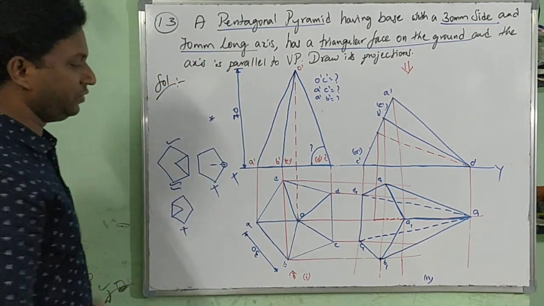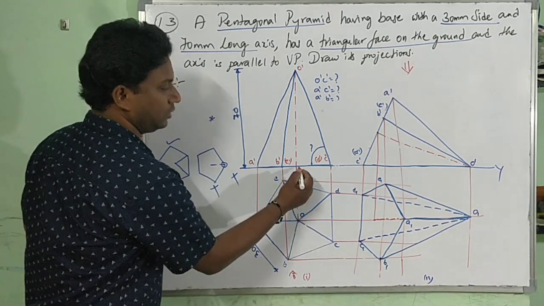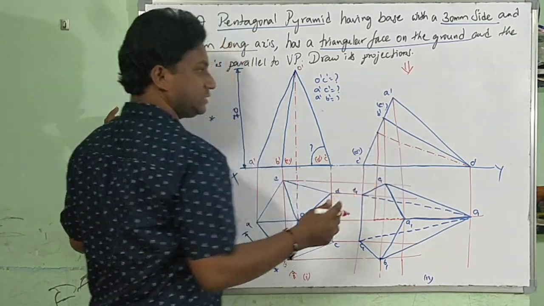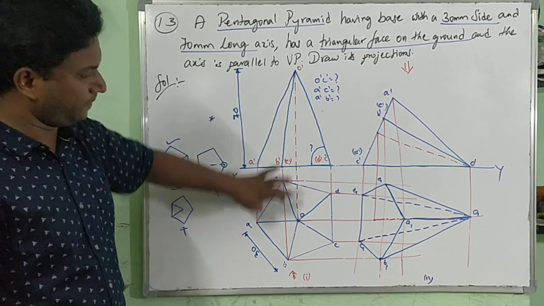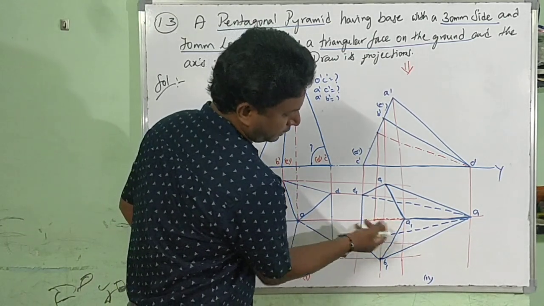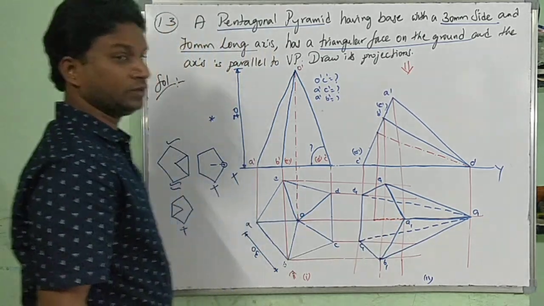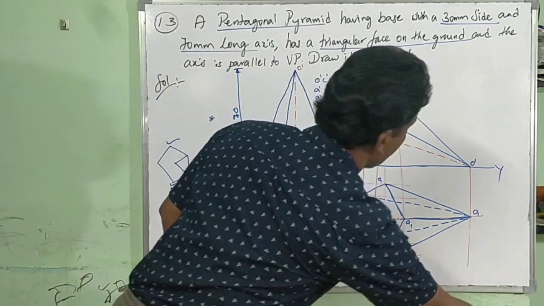If you are still confused, I can write here O in brackets O1, here O dash, O1 dash, O2. Don't get confused. The apex is single. Here at the bottom, you can justify this point. This is the small area where you have to show the axis line. Clear? It's done. I hope you all understand.